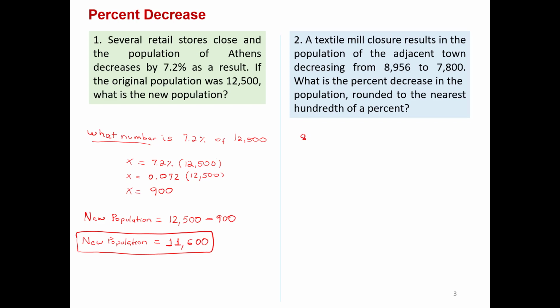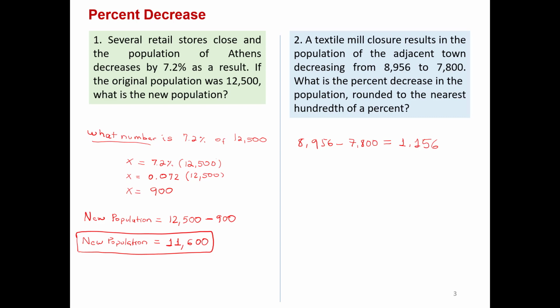The original population, let me write there, is 8,956 minus 7,800. If we subtract these two numbers, we will have 1,156. This is the amount the population decreased.